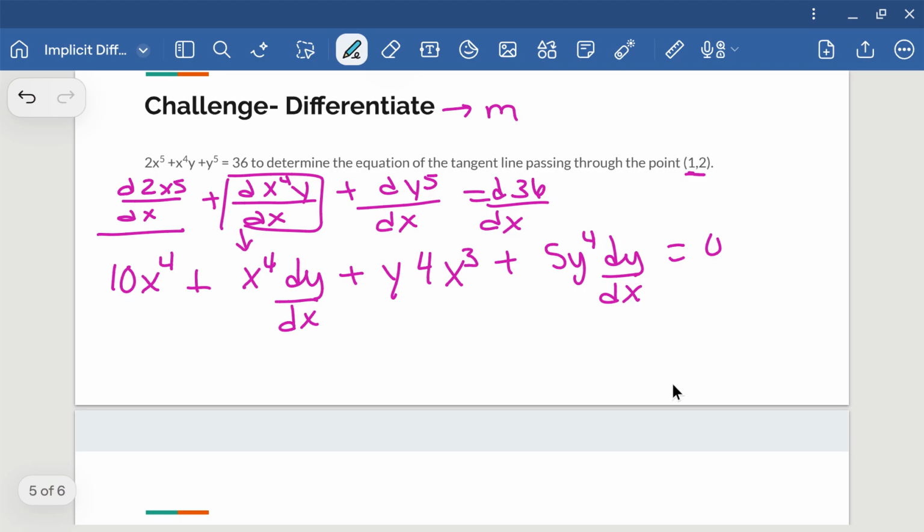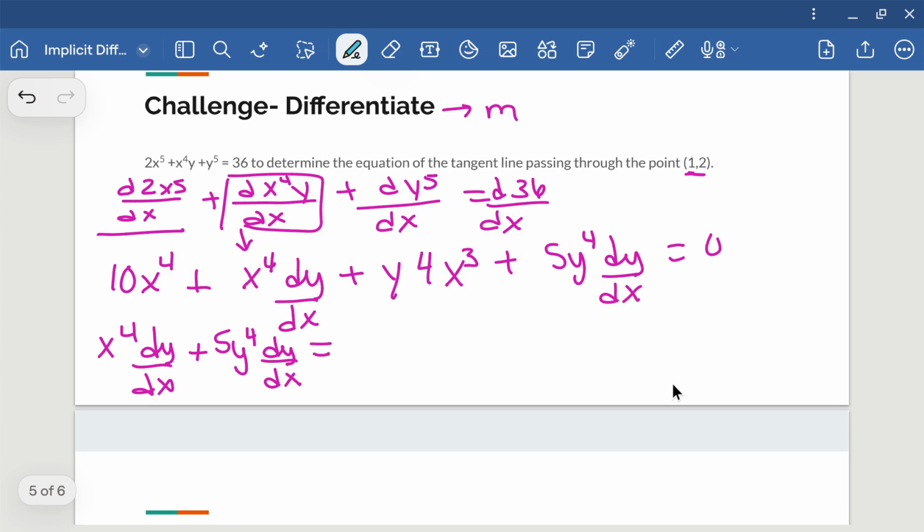And now that I have that, my plan is I need to isolate dy over dx on one side and move my other terms over to the other. So let's go ahead and do that. I'll leave the dy over dx on the left-hand side. So x to the power 4 dy over dx plus 5y to the power of 4 dy over dx.